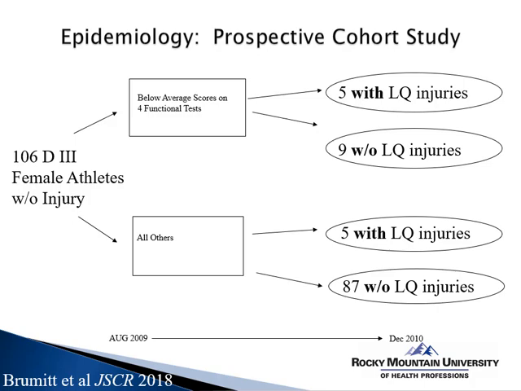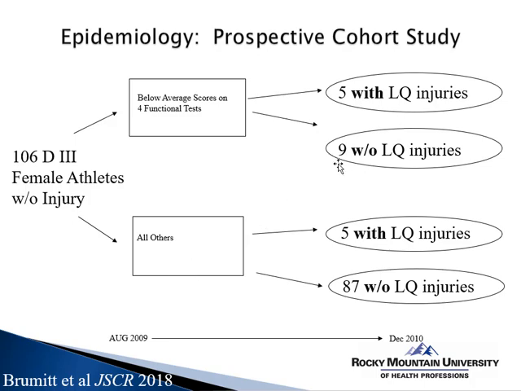Here's one of my studies where I had 106 Division III female athletes without injury. This group here had all four functional tests. The performance on all four functional tests were below average. Their scores were below average, whereas this group here consisted of those who had maybe good test scores, or maybe three of the four functional tests were below average.